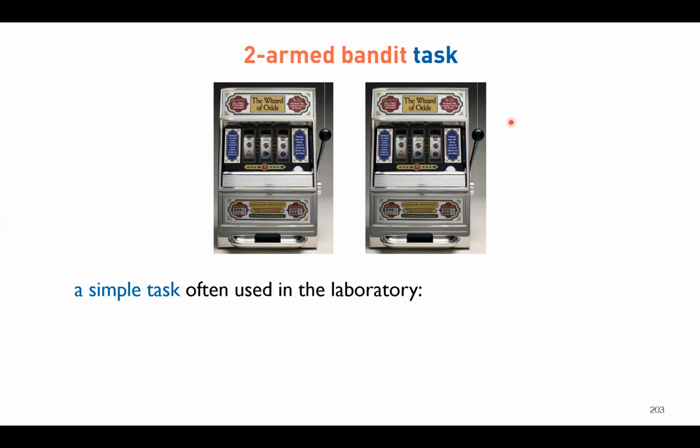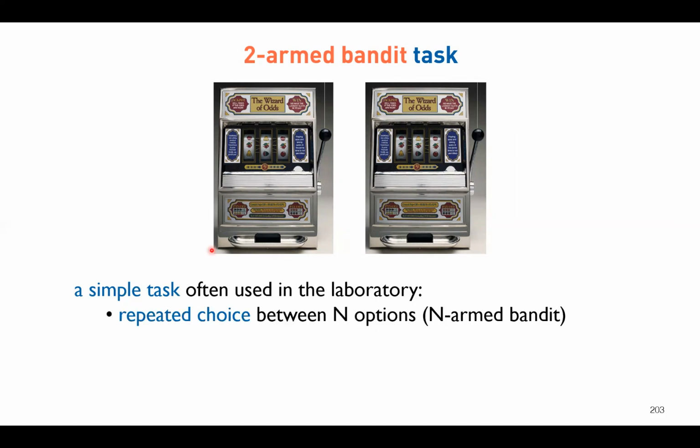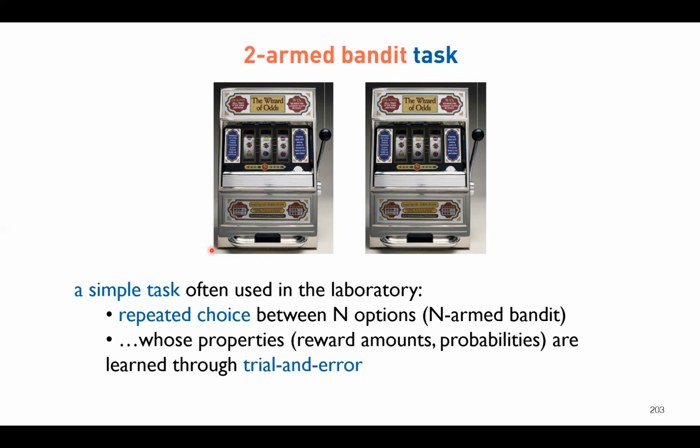You play it, you receive feedback, and then you play a second time, you receive a second feedback. You use the feedback to update your learning. So you learn from feedback. The simple task here is the bandit machine task, and you repeatedly make the choice between the two choice options. And the two choice options have a reward probability. Reward probability means how likely it is that you will receive a reward.